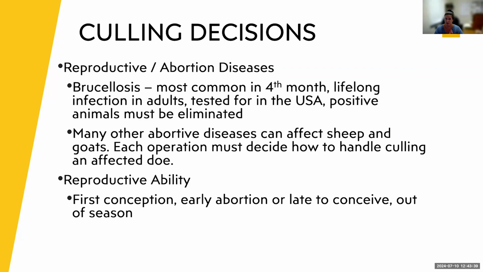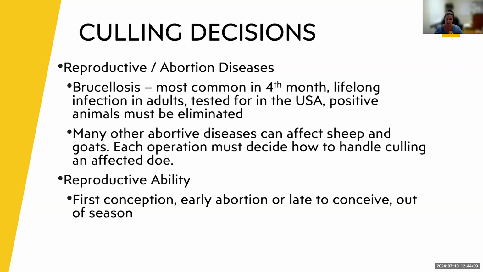If they have early abortions or are late to conceive, those are things to watch out for, especially animals that have aborted more than once. It's common for an animal to abort at least one time during their life, but if it seems like they're conceiving and aborting over and over again, there's probably something going on internally, that they're not going to be able to carry that fetus to parturition and need to be culled for that.